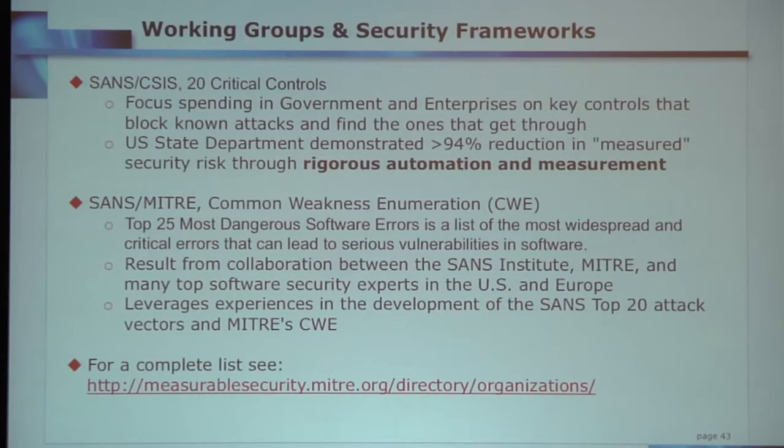For example, the 20 critical controls is one of these efforts that came out of a strategic paper from the Center for Strategic and International Studies, where security experts from government agencies pulled together their knowledge and their experience from attacks against government agencies to prioritize, among all the security controls we have, the top 20 controls that are most effective and can be demonstrated to prevent or at least mitigate critical attacks on government agencies and the national defense space.